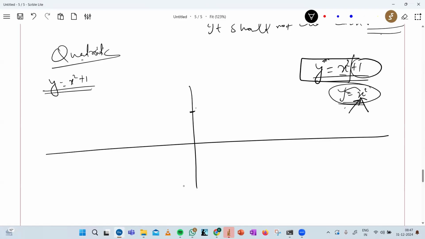Let's say a y value is here. Definitely it has this x and this minus x, and on both it should have the same value. And on 0, both have the value 0. So this is 0 comma 0.